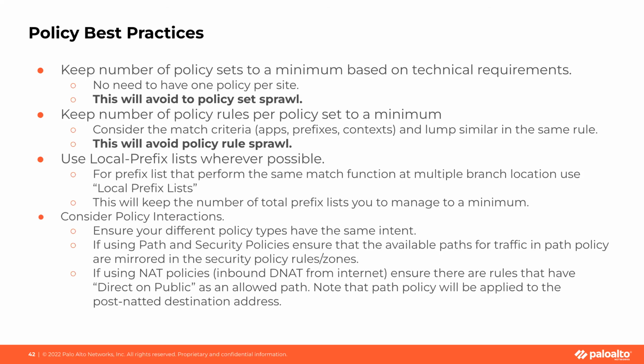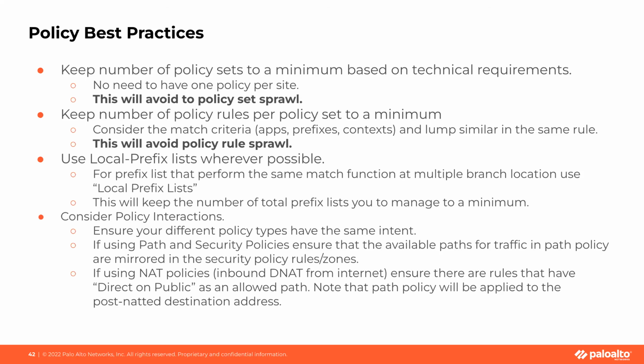If you're going to be doing prefix filters as well, we recommend you use local prefix filters. This allows you to have a prefix filter with specific match criteria per branch. So I can have a prefix filter, let's say guest networks, but I don't need to build a prefix filter for guest network for branch A and a guest network for branch B. I can just have guest networks.